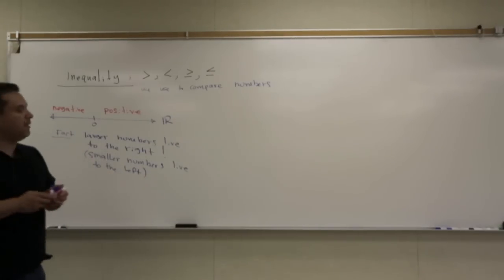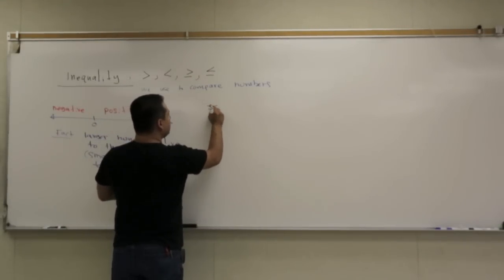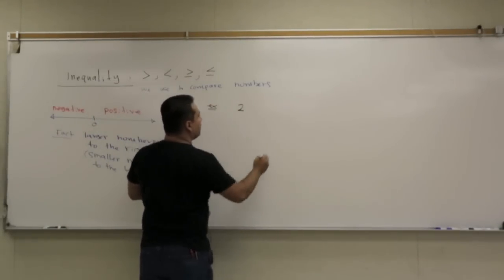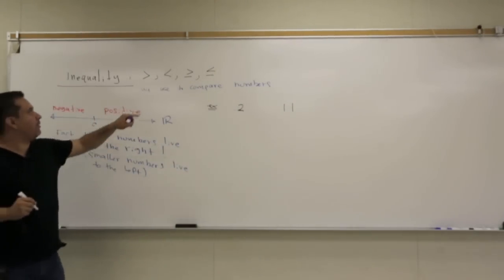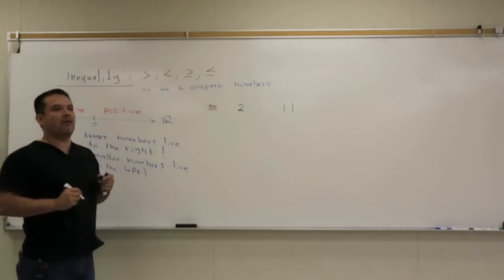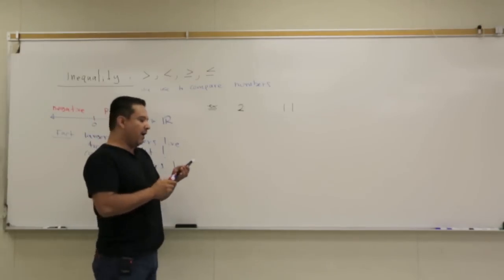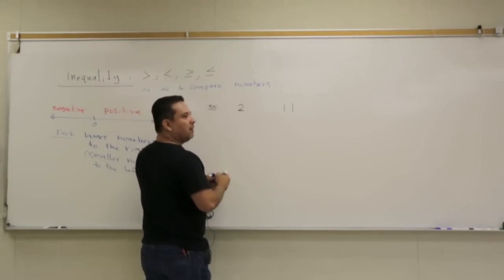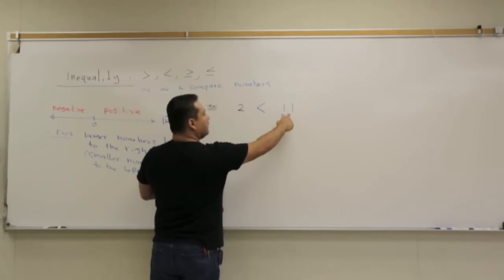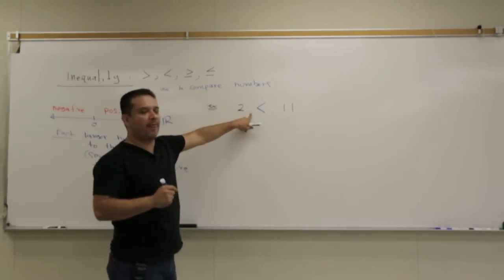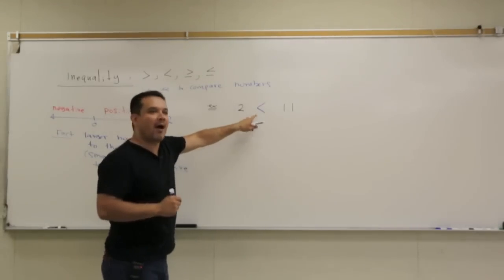We're going to use this idea when we compare numbers, for example 2 versus 11. We're going to use one of these symbols; in the beginning we'll use mainly these two. Which number is larger, 2 or 11? Why is 11 larger? Some people describe this inequality symbol as a mouth.